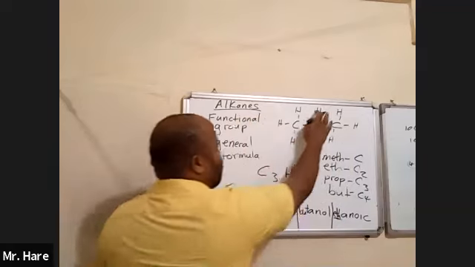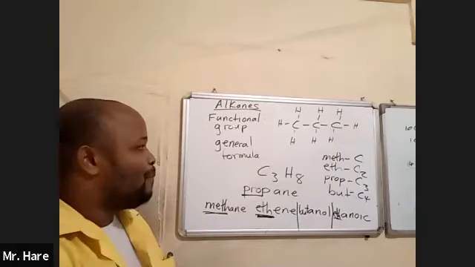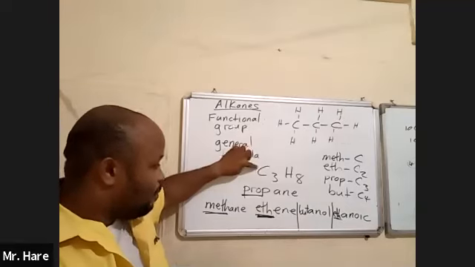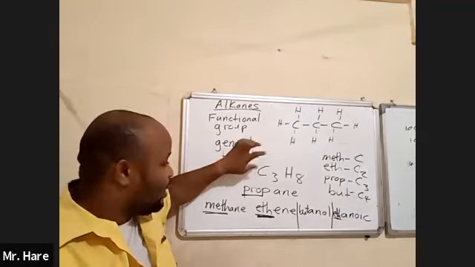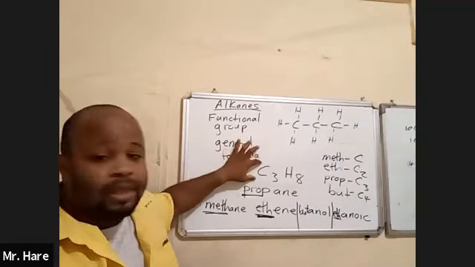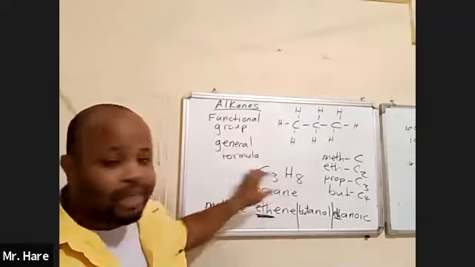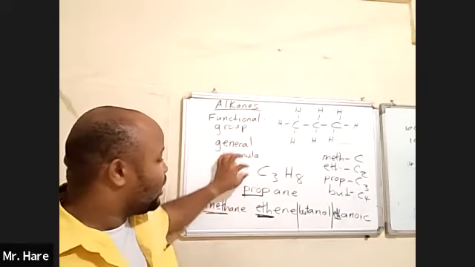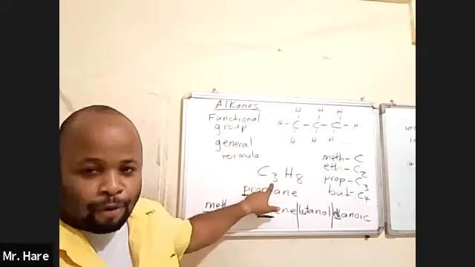If you get a compound with just carbon and hydrogen, and by the way, this formula where you just have the number of each atom, that's the molecular formula. So C3H8, when you just get the atom and the amount, that's the molecular formula.